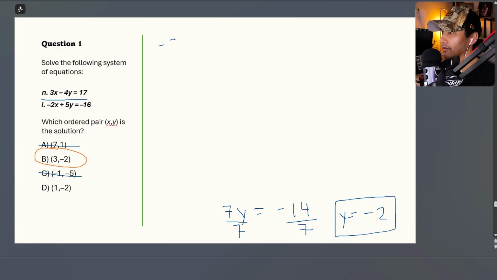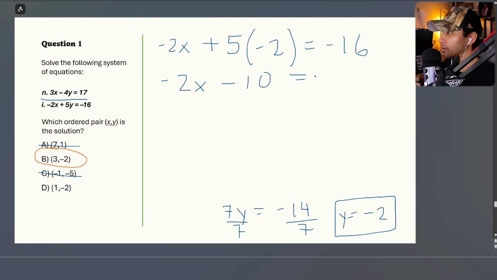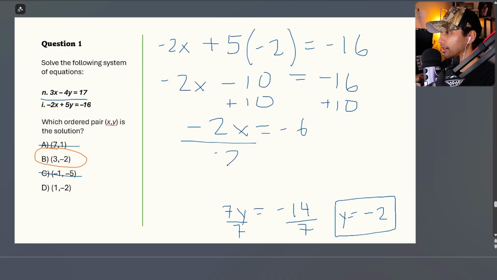So negative 2x plus 5 times negative 2 equals negative 16. Then we get negative 2x minus 10 equals negative 16. And then we add 10 to both sides. We have negative 2x equals negative 6. Divide by negative 2, divide by negative 2.